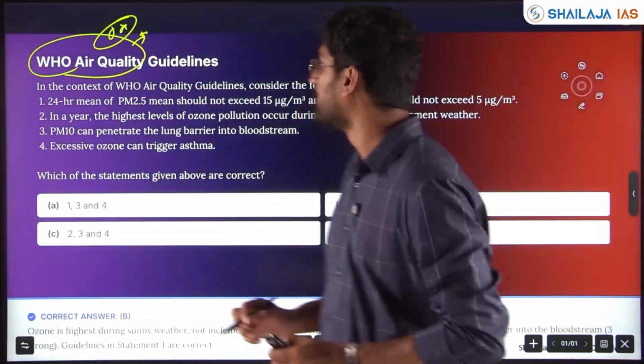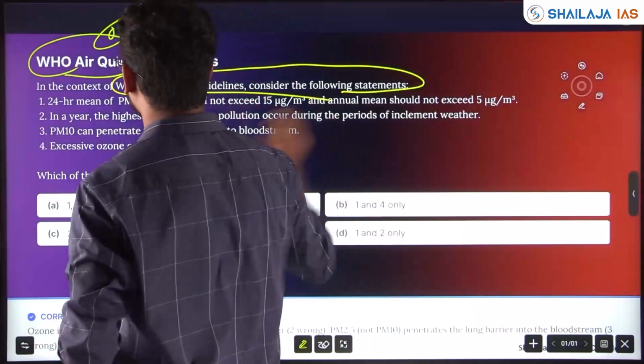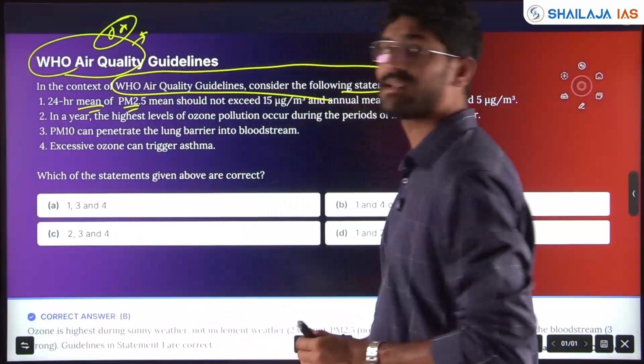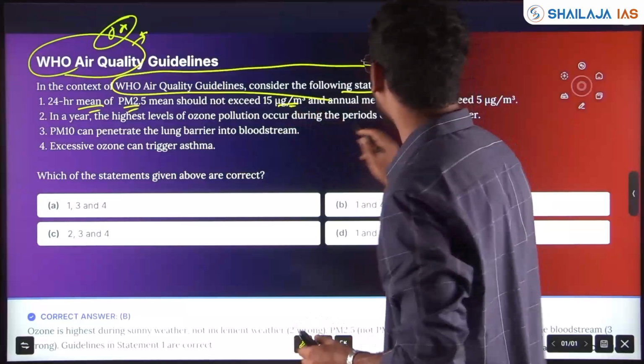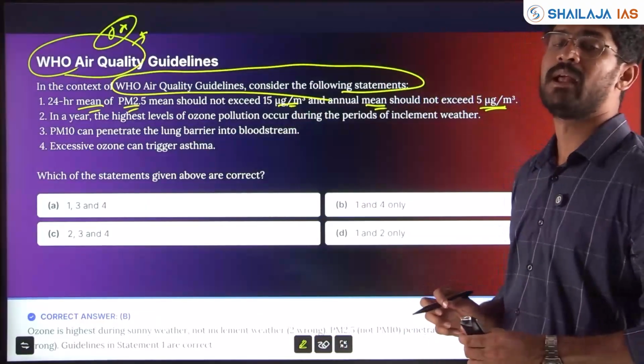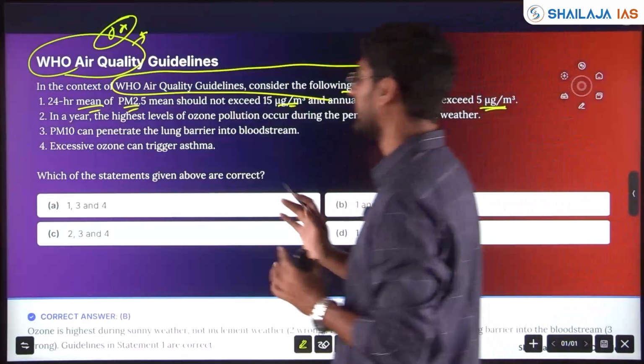In the context of WHO air quality guidelines, consider the following statements. The 24-hour mean of PM 2.5 should not exceed 15 microgram per meter cube and the annual mean should not exceed 5 microgram per meter cube. Okay, here you need to have specific knowledge.